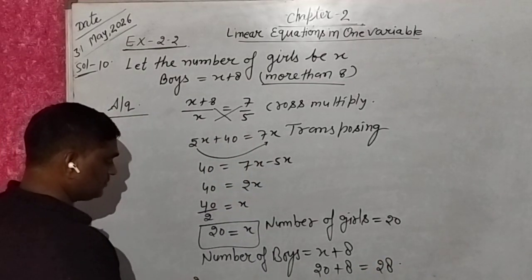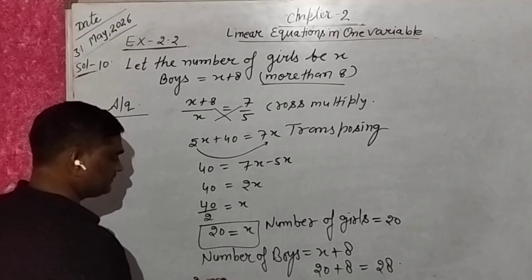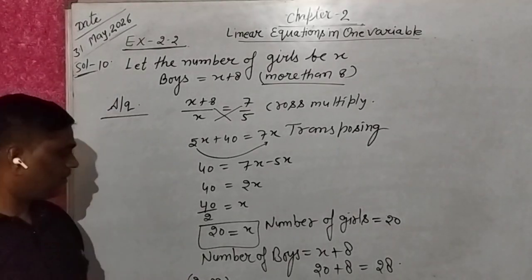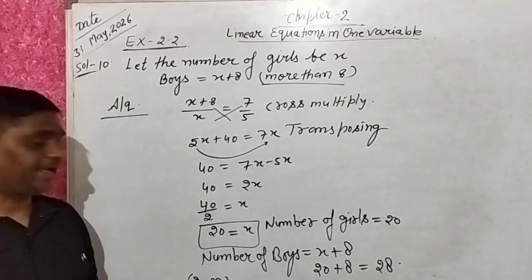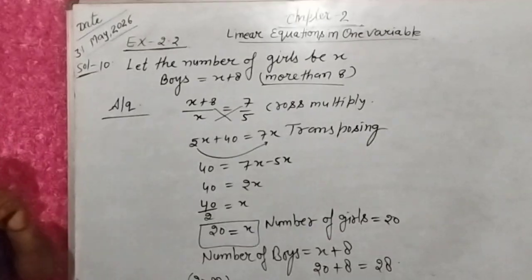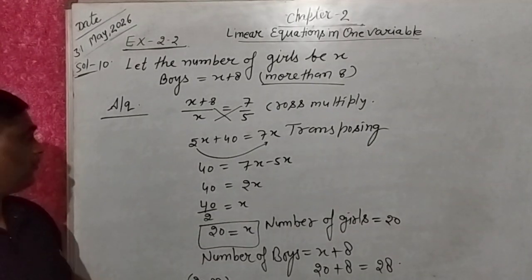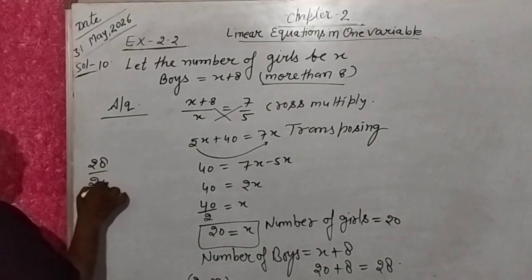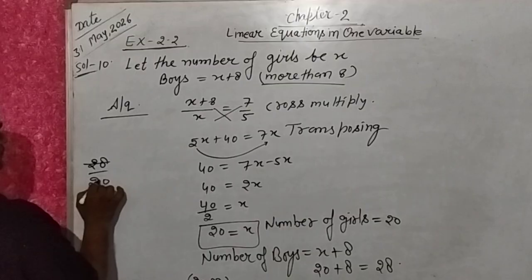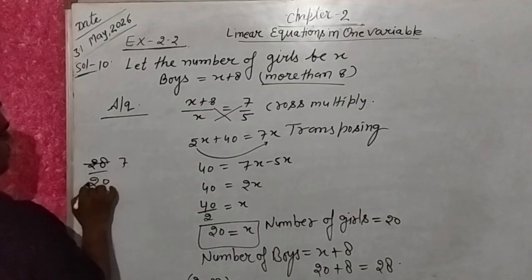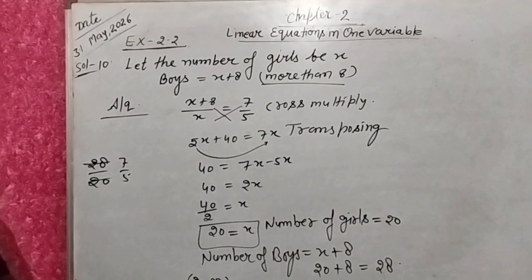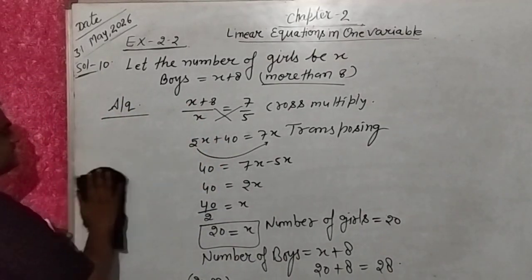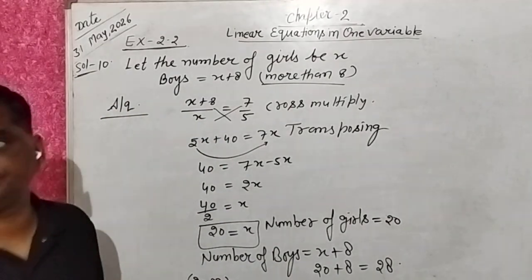So the numbers are 20 and 28. The first number you have is 20 and the second number 28. If you want the ratio, 28/20, divide by 4, you get 7/5. Ratio 7/5. Yes, write down.